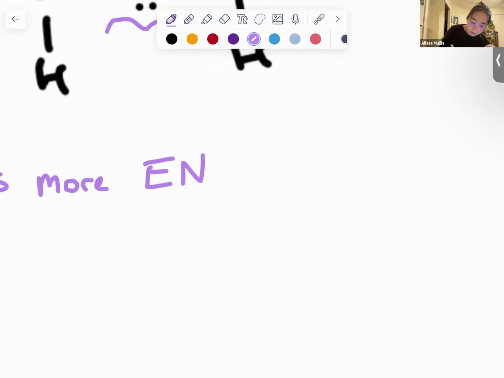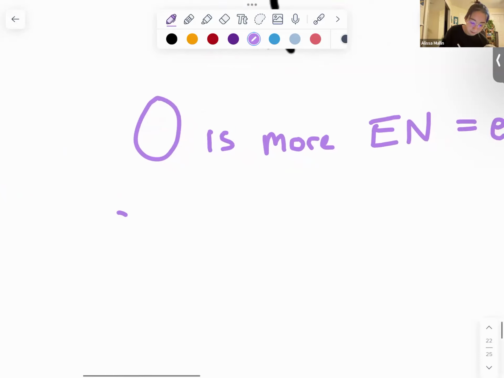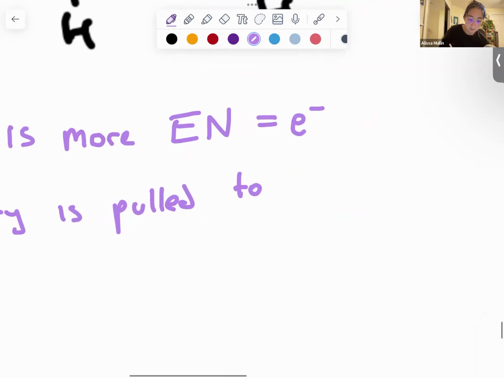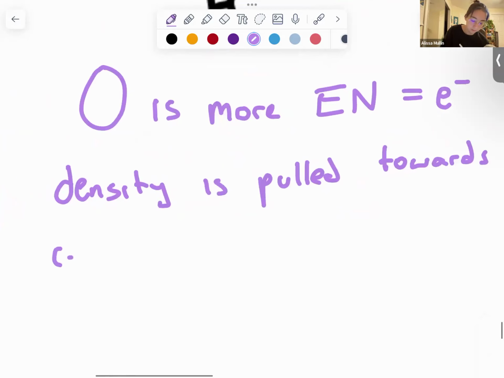So more electronegativity, pulling on electrons. Electron density is pulled towards the central oxygen.